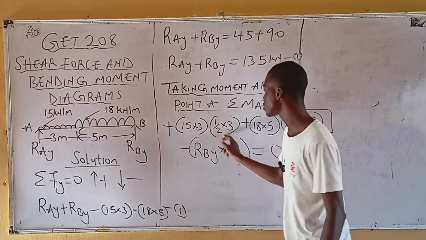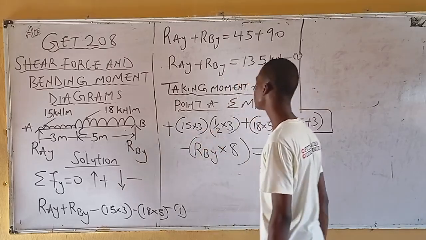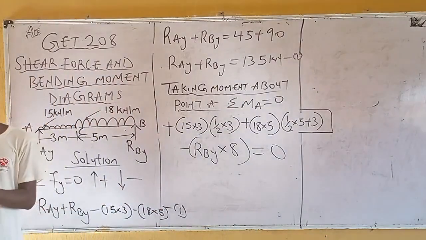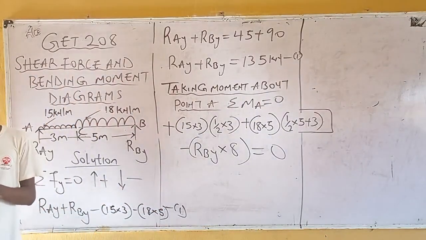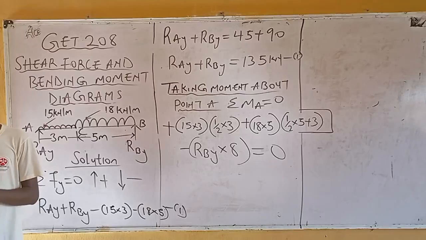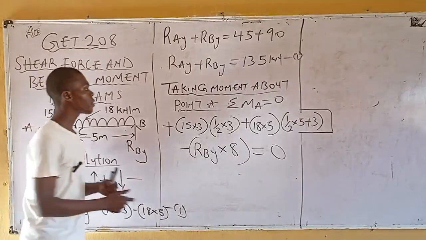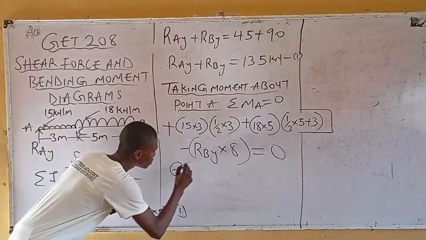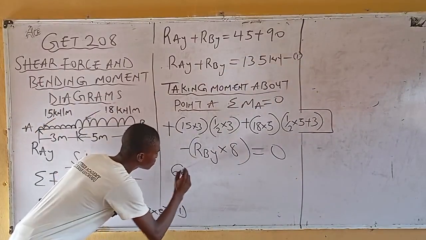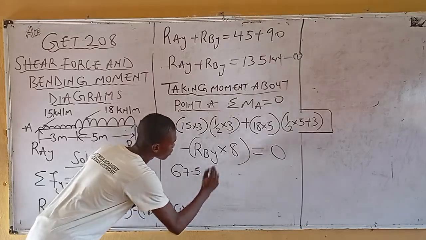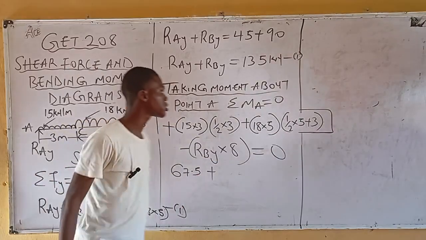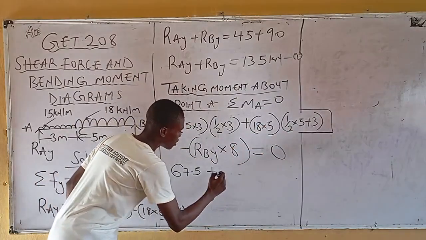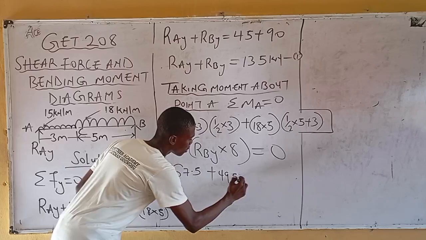What's the product of these two? 45 times 1.5 is what? 67.5. Please make sure you give me the correct value. Please press your calculator, and I don't want approximation. 67.5. Now plus the product of this and this. 495.5.